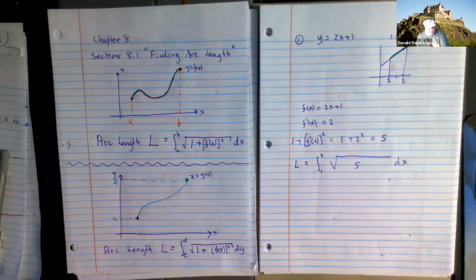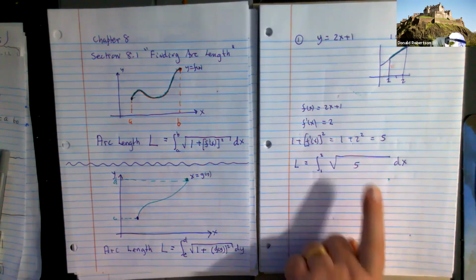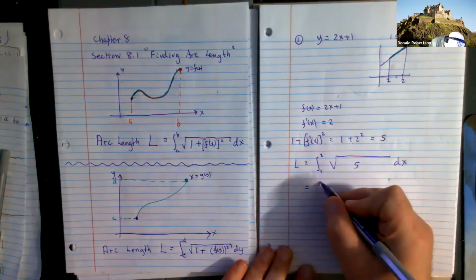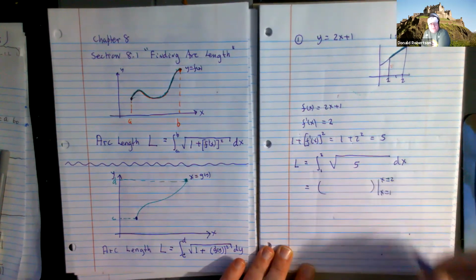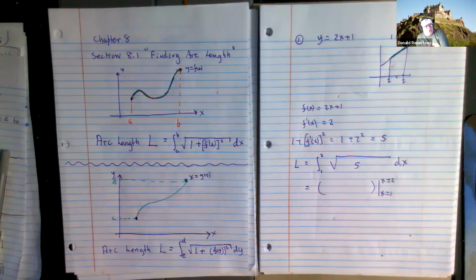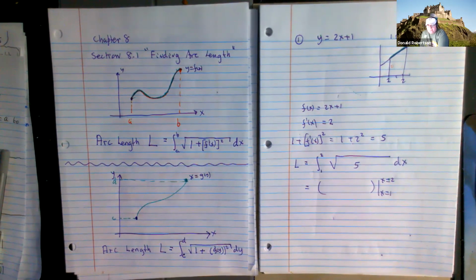Would you agree that's a very simple integral? Don't overthink this. What is the integral, antiderivative if you prefer that name, of the square root of 5? And don't overthink.